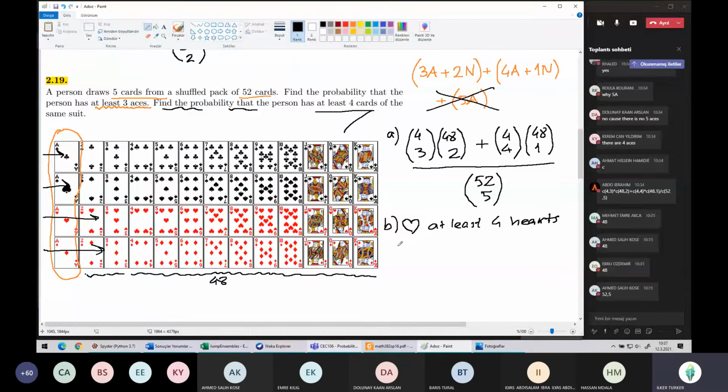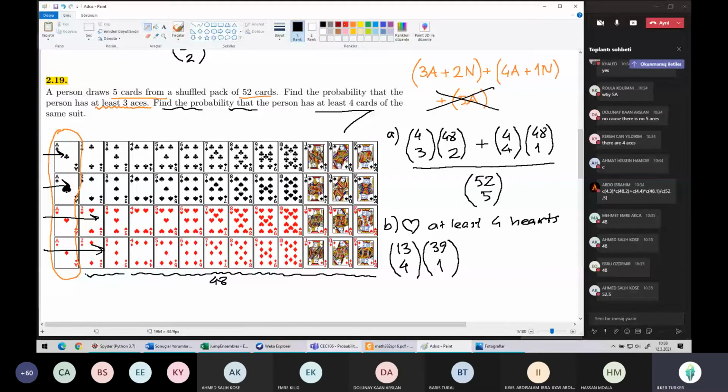You know, there are 13 hearts, and non-hearts are 39. One from the others.